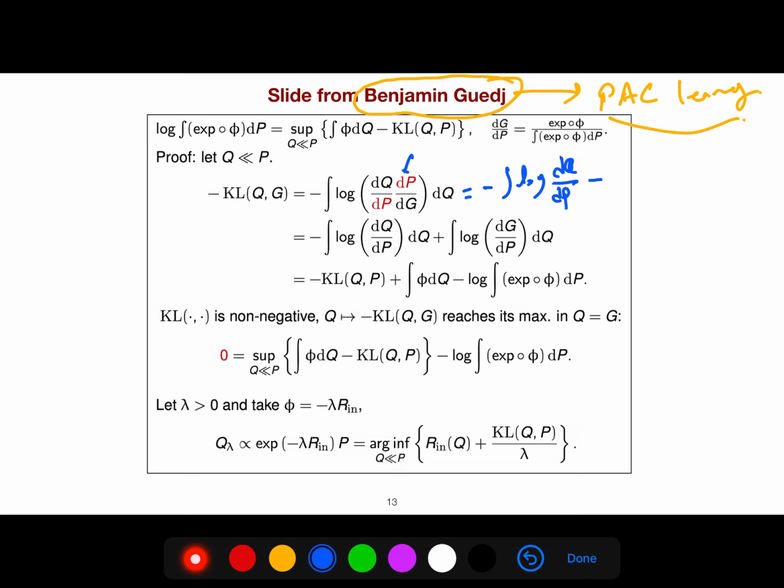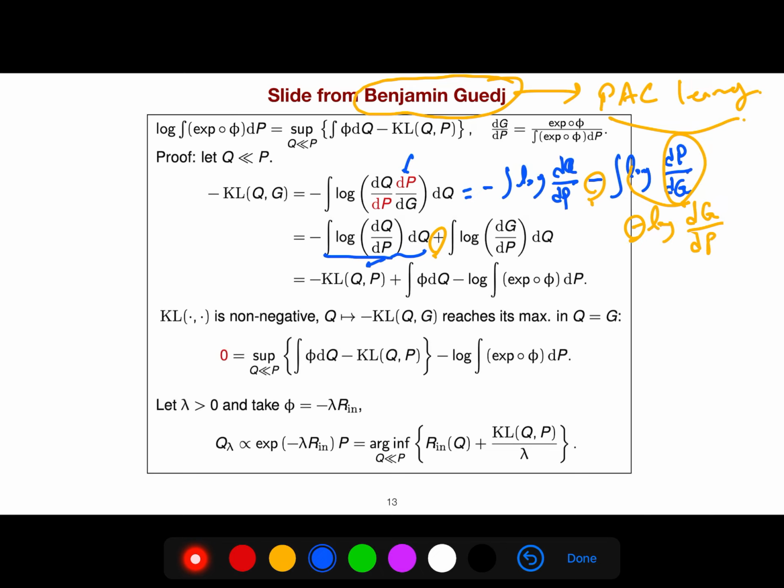So it becomes a summation of log of dp over dg. But the log of dp over dg is like minus log of dg over dp. So this minus and this minus produces this plus. So we go on, and so this is just KL divergence, no problem.